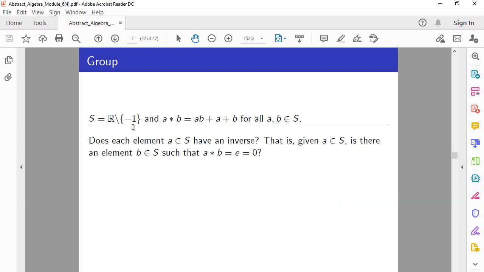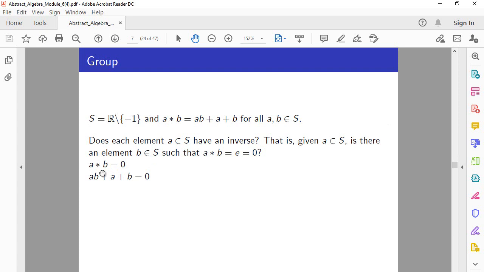Next, we want to check if every element of S has an inverse. Given A in S, is there an element B such that A star B is the identity 0? Let's say A is given, A is fixed, and we want to solve for B from the equation A star B is equal to 0.